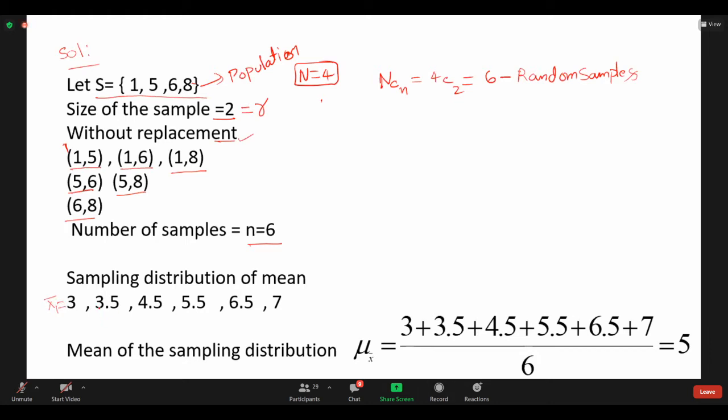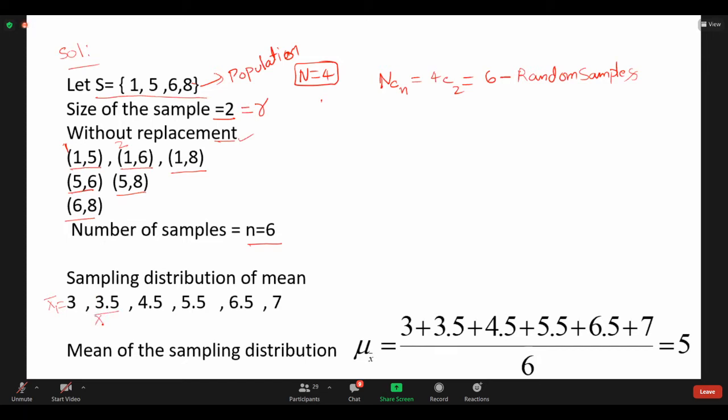And similarly, from the second random sample, we have to find the mean. The second random sample contains 2 elements, 1 and 6. We have to find the mean, that is 1 plus 6 by 2, 3.5.